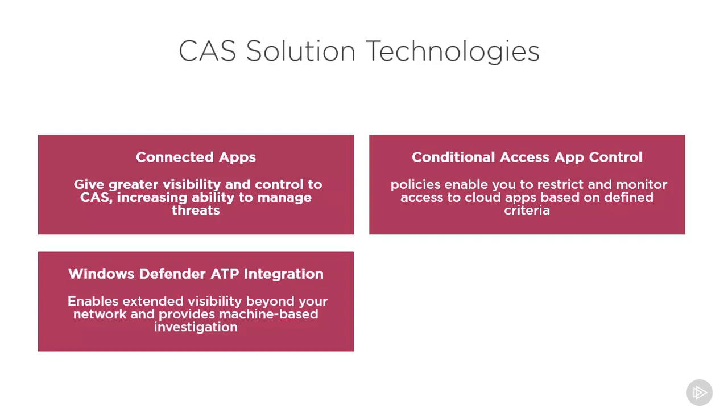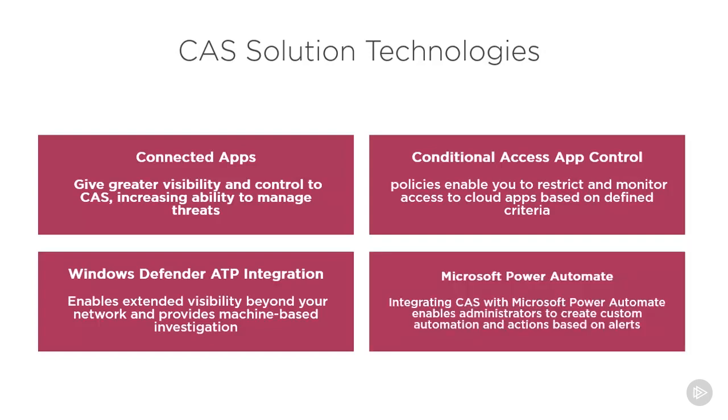This enables you to extend the visibility beyond your network and provide machine-based investigation should there be any security issues. And our final one is Microsoft Power Automate. We saw where that comes into play. We integrate CAS with Microsoft Power Automate, which will allow administrators to create custom automation and actions based on the alerts generated in CAS.